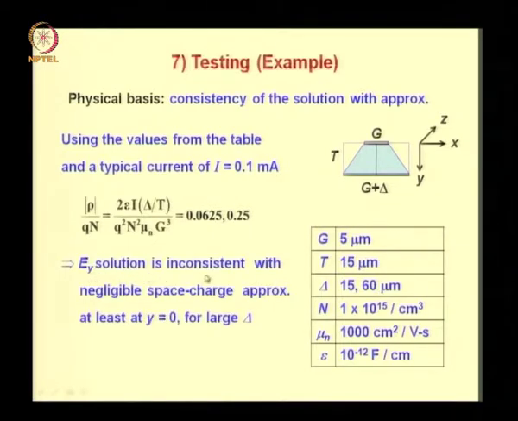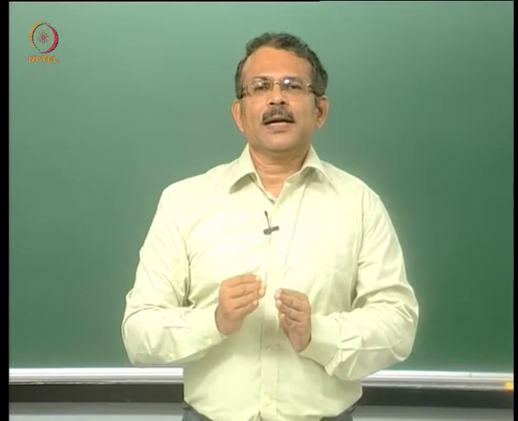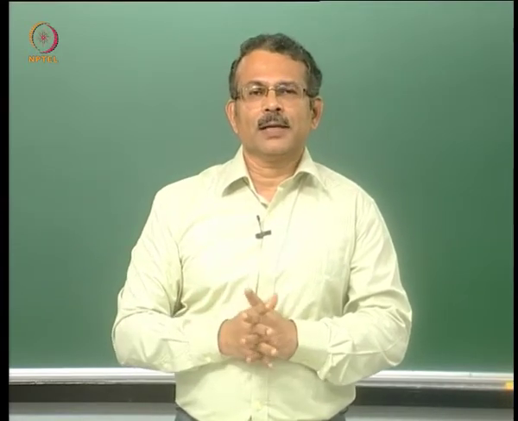So Ey solution is inconsistent with the negligible space charge approximation at least at y equal to 0 for large delta. This is what we gather from our consistency check, and therefore the model needs improvement. Definitely the model is predicting incorrect result for large values of delta.